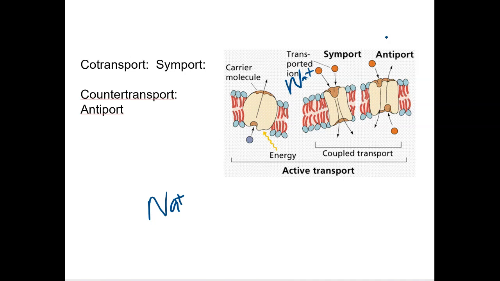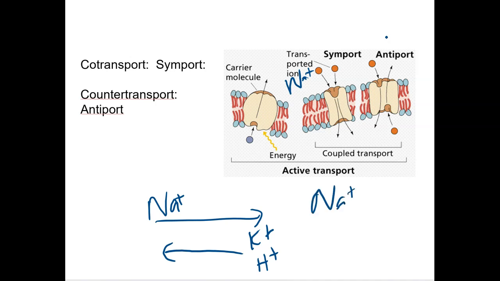There will be co-transporters and counter-transporters. A lot of them are counter-transporters where sodium goes one way, and often we have this counter-transport with potassium or hydrogen. We have another one with sodium, where sodium can go, and then it can either come back with a bicarb or a chloride, and we'll be looking at these shortly.